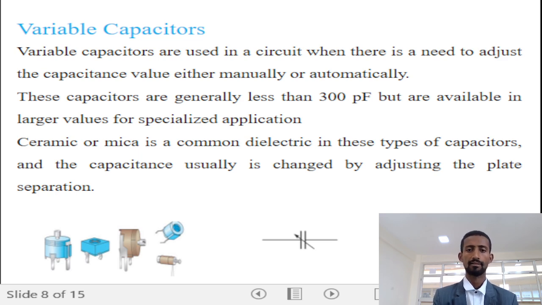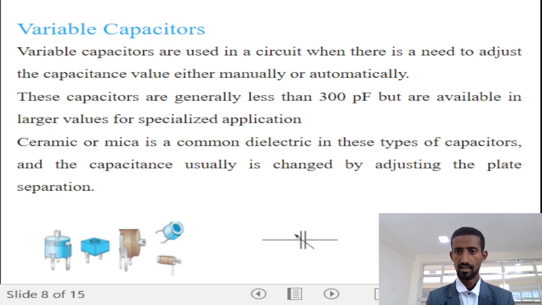What does variable mean? We talked about variable resistors while discussing resistors. What does it mean for variable capacitors? Variable capacitors are used in a circuit when there is a need to adjust the capacitance value either manually or automatically. In this situation, we may select these variable capacitors.